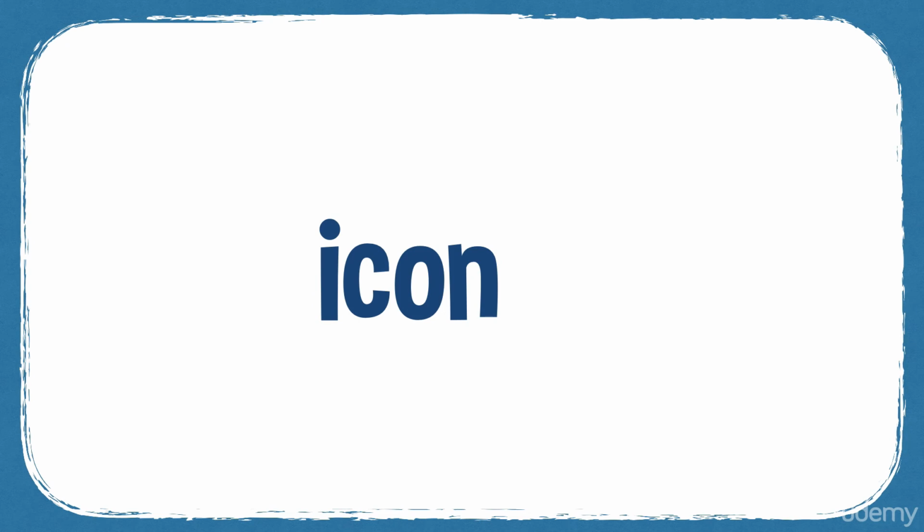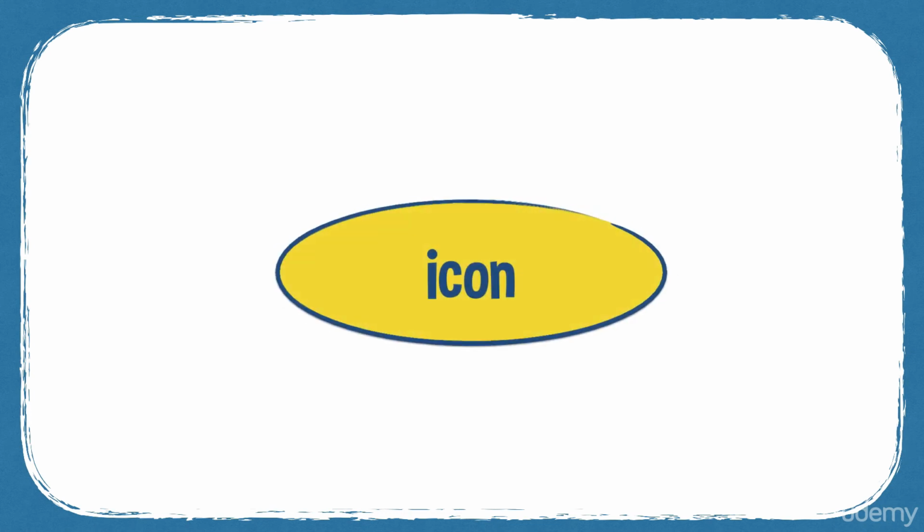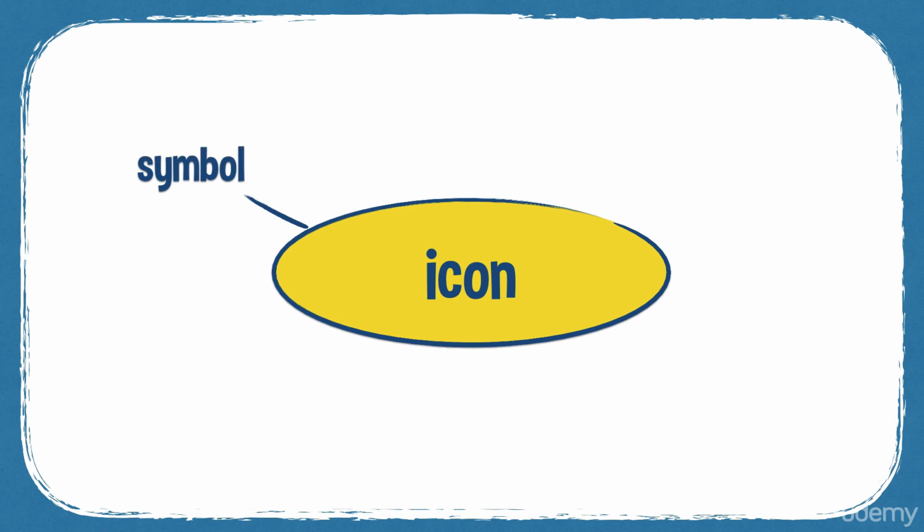So icon here is a noun, but the adjective is iconic. And some synonyms for icon: symbol, legend. There's a slightly different meaning, legend, but it could be used as a synonym. An idol as well. Elvis Presley was an idol.